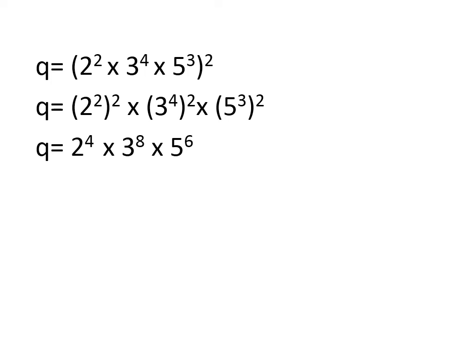Okay, here we applied the rule to get the final answer, which is the product of prime numbers. Okay, we don't have to calculate, since we have to follow well what they asked us to do.